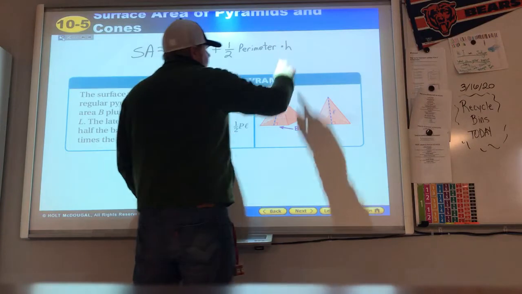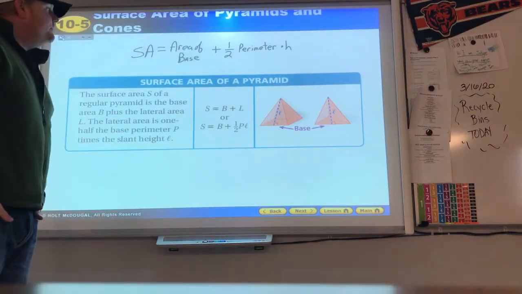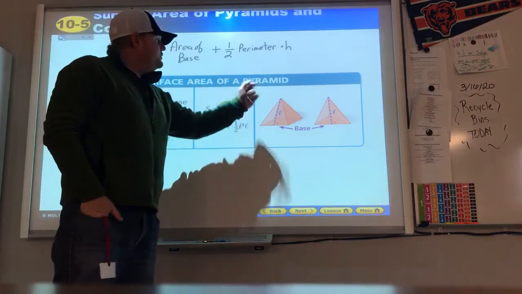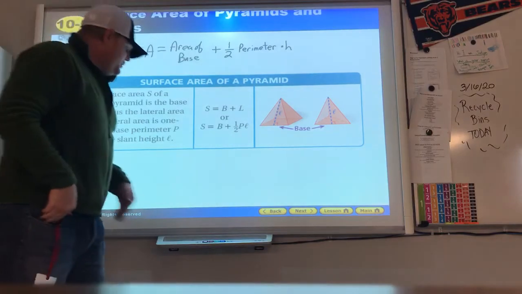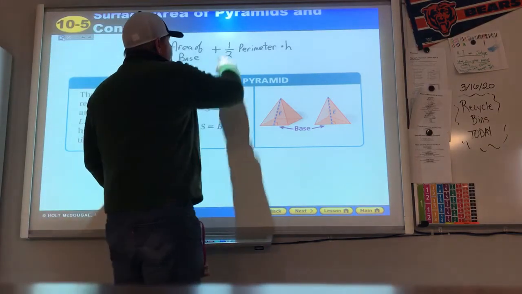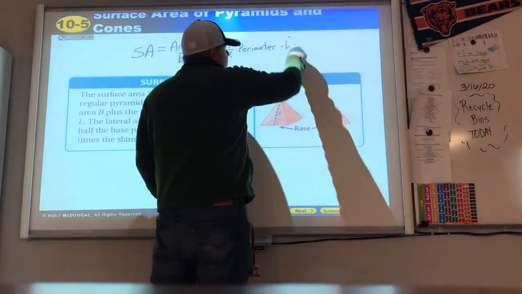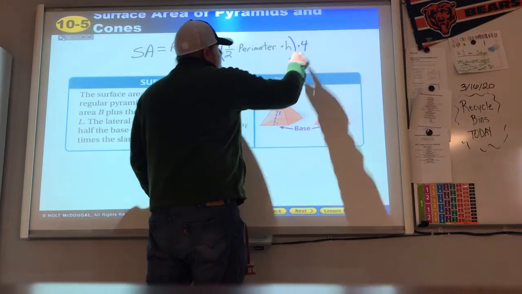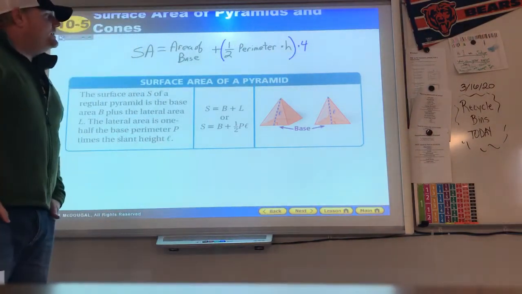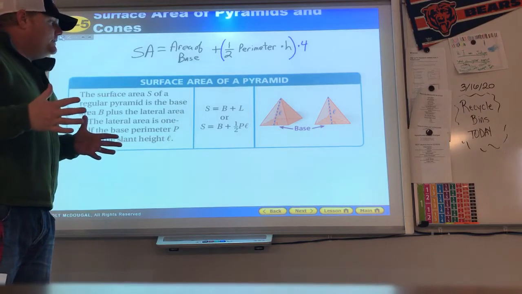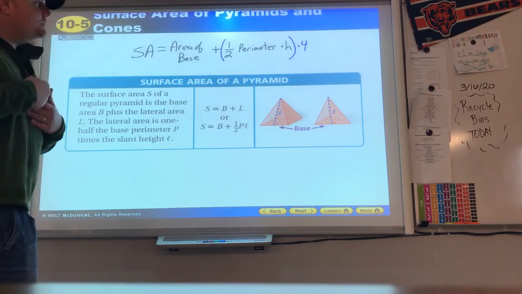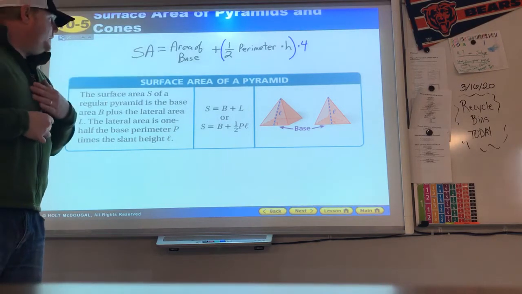That will get you one of the triangles. So then we can multiply that times 4, because that would then give me each of the sides. If it is a triangular prism, you would multiply that times 3.